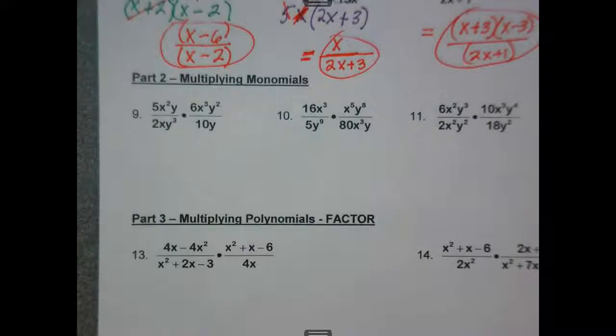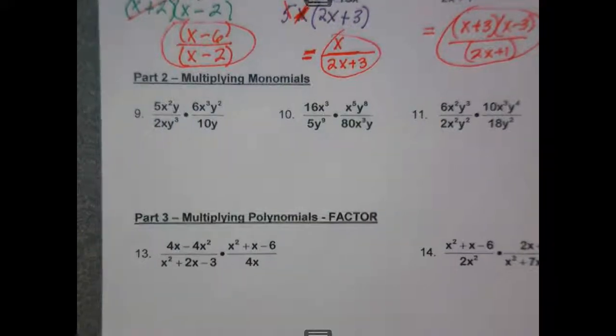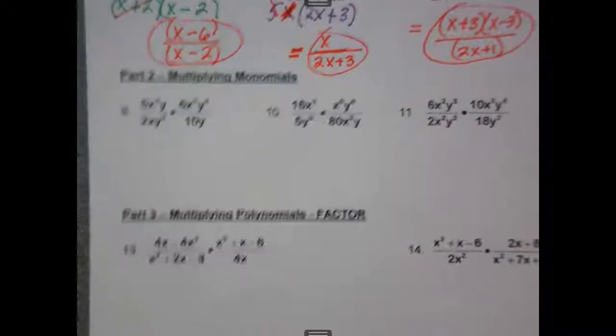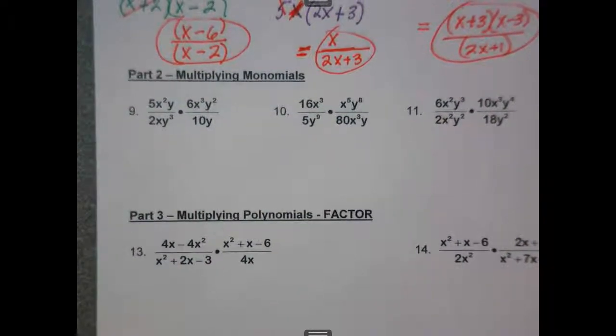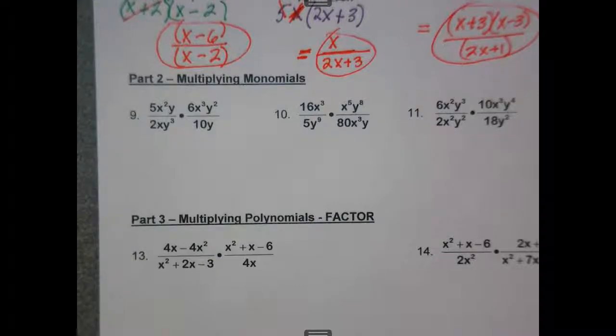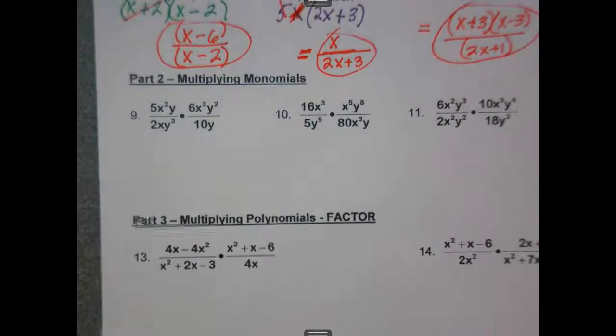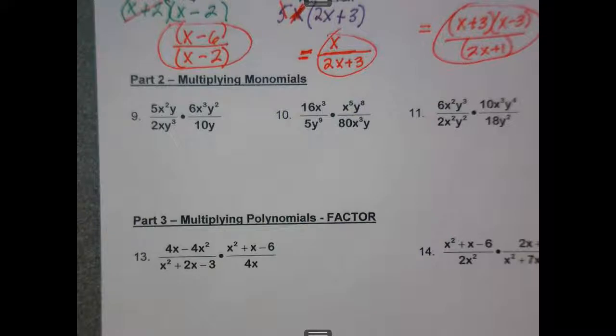All right, number 9. Yesterday I was teaching you guys to cancel out factors, then multiply straight across, right? Now, guys, quiet. Let's cancel out some stuff here.